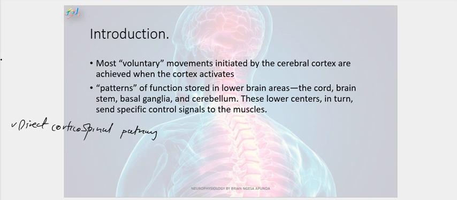Remember the lower motor neurons that we suggested, specifically to the muscles, where we had the gamma and the alpha motor neurons. So that is the direct corticospinal pathway.